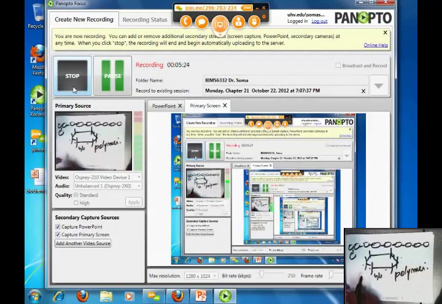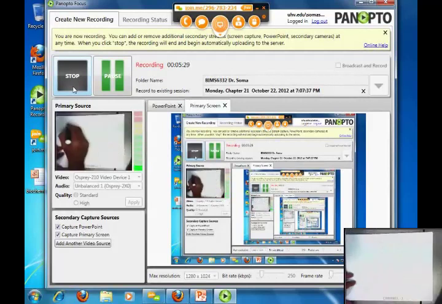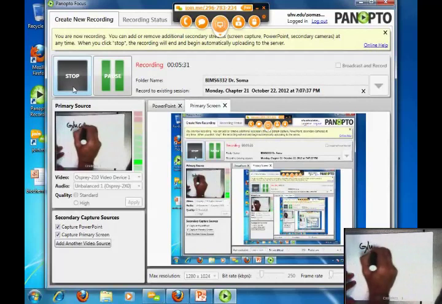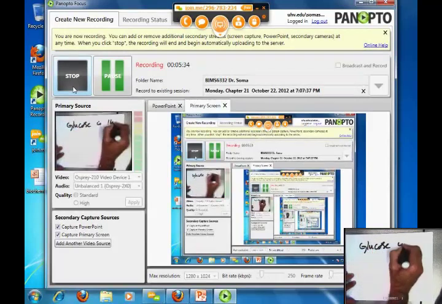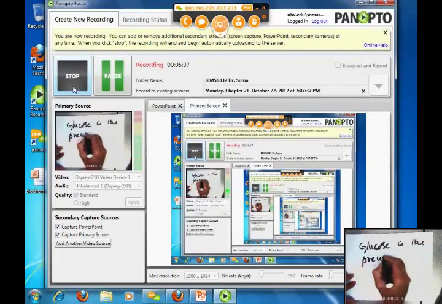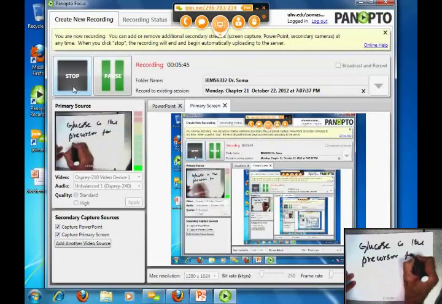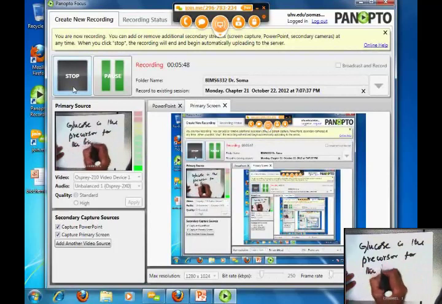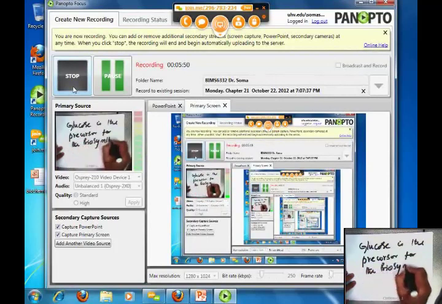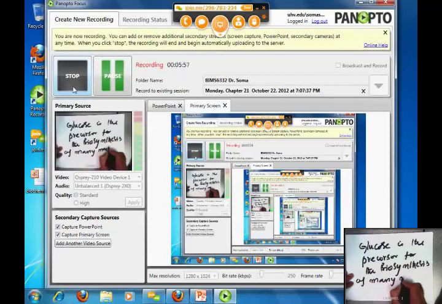Now, glucose is a precursor of many molecules. Glucose is the one for glycogen, but glucose is the precursor, P-R-E-C-U-R-S-O-R, for the biosynthesis of many molecules.